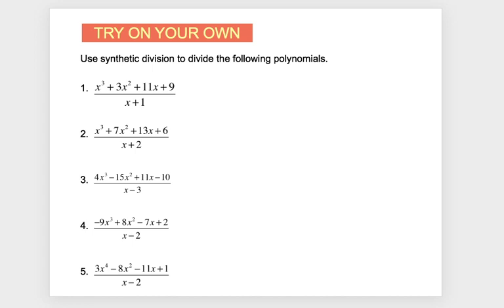If you look at the denominator, you have x plus or minus some constant, but the coefficient of x is always 1. So some of you may ask, what if it's not 1? What if it's 2? In those cases, synthetic division isn't as pretty, and long division would be preferred. But for our discussion and what's required in this course, we're going to stick with the coefficient of x being 1.